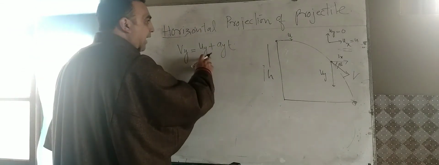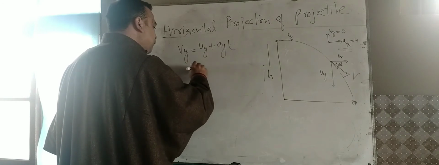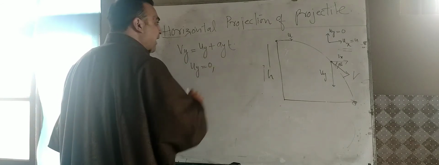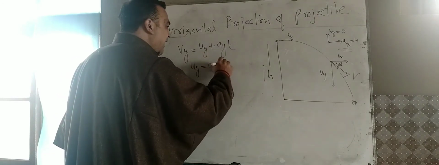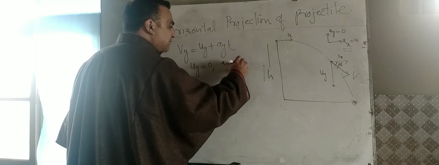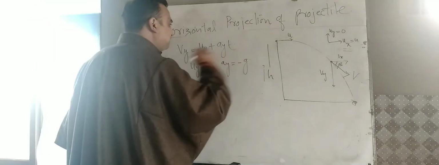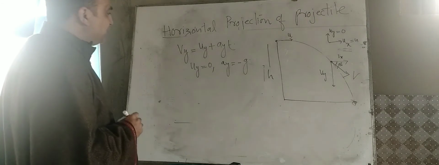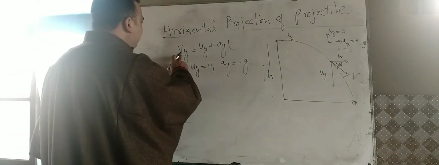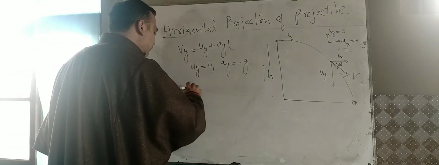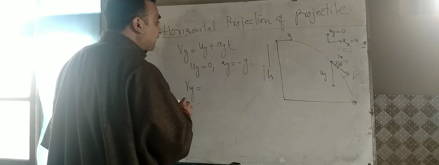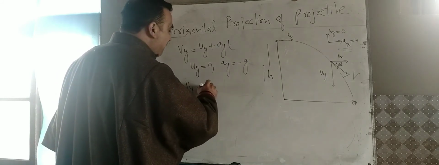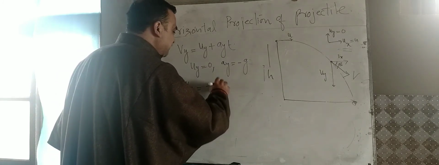Now what is this Uy? All of you know this Uy is 0. And what is Ay? Ay is minus g. So what will be Vy? Vy will be minus gt.